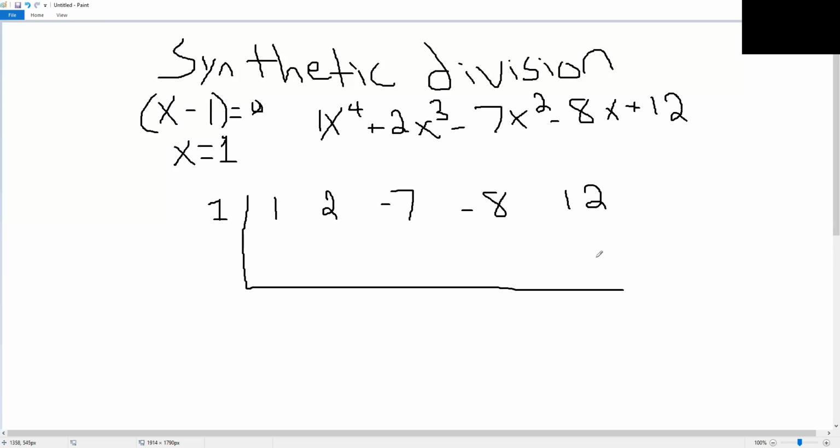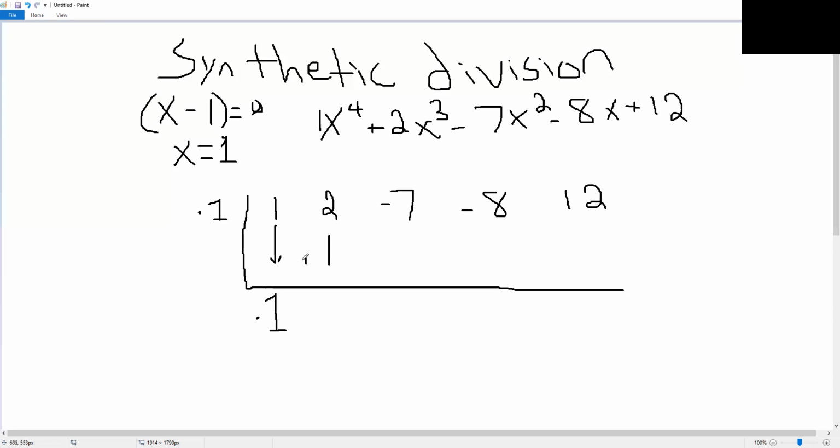Now, this is how we do this. We drop down our 1 to here. Okay. And then we multiply this number with this number. 1 times 1, well, that's just 1, and we'll write it right there.